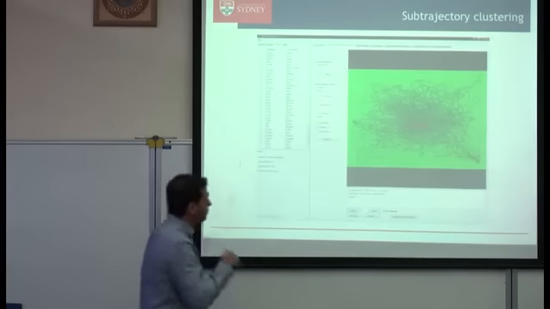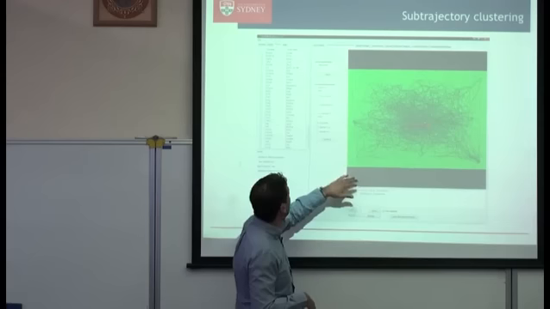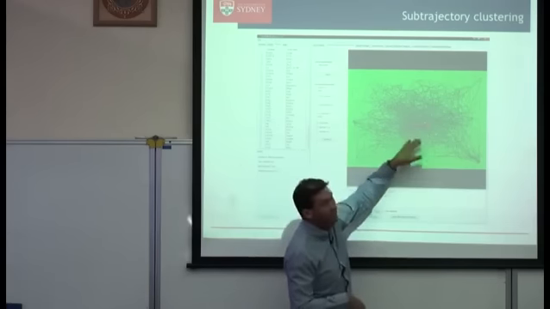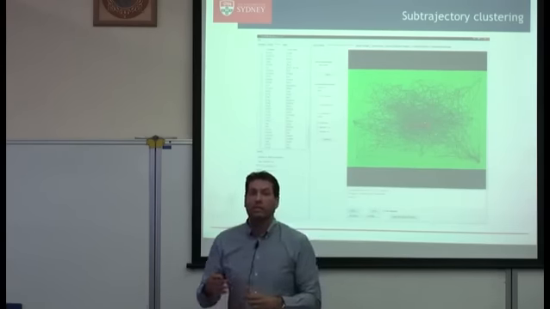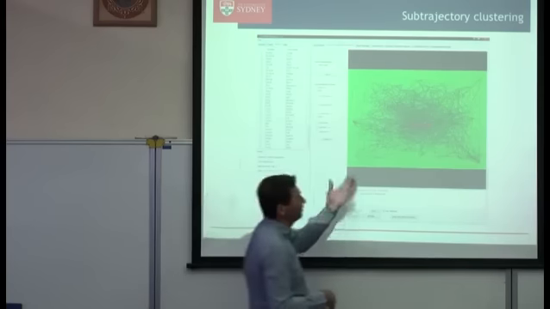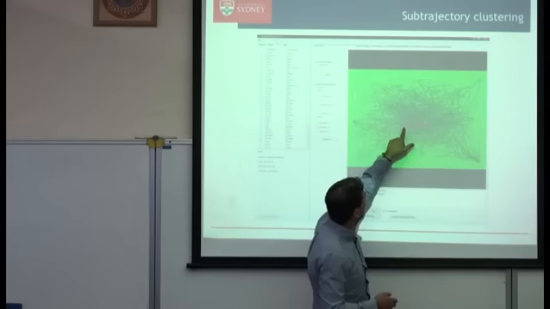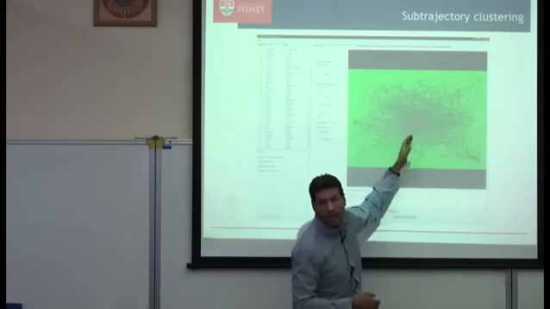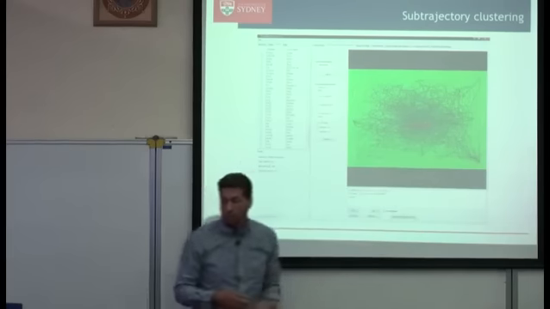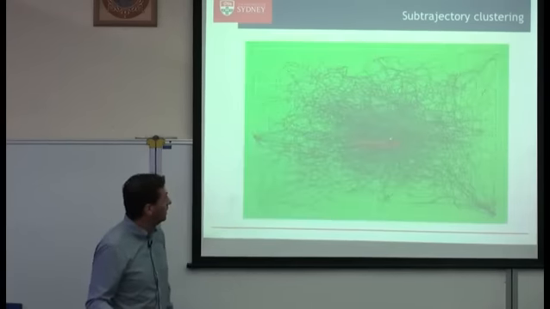Here's another example, a football example. So this is Fabregas, when he was playing in Arsenal. And here you want to look at his most common movements. Maybe many of you know that he's a midfielder, so he does a lot of movements along the central midfield part.